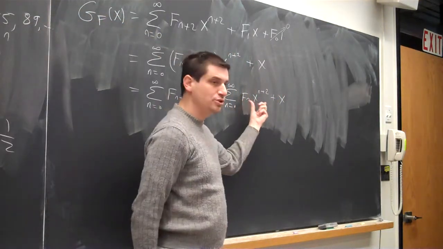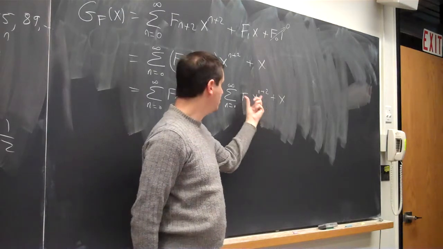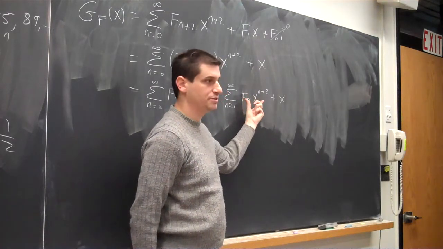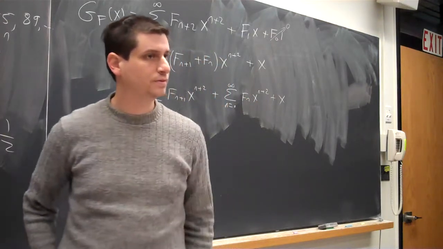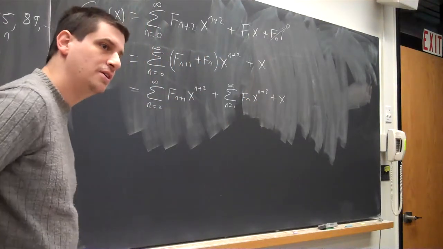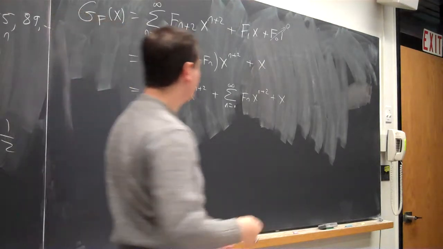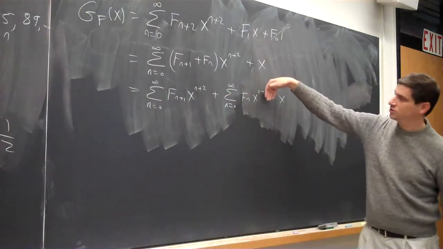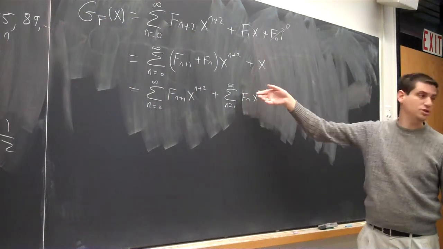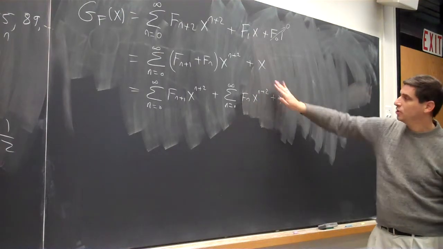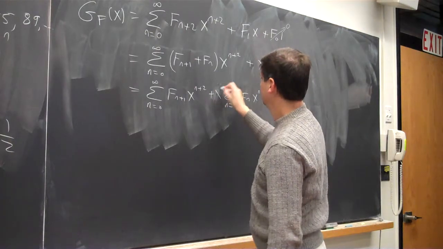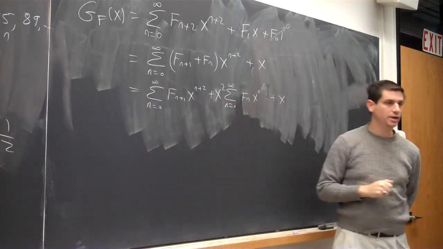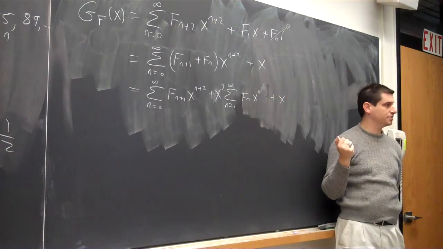This function almost looks like gf of x. What's the only difference between this and gf of x? Yes? Just multiplied by an x squared. I've just multiplied by an x squared. If I take away the extra x squared, that's just my function gf. So I can pull out an x squared, and that's just my gf of x.